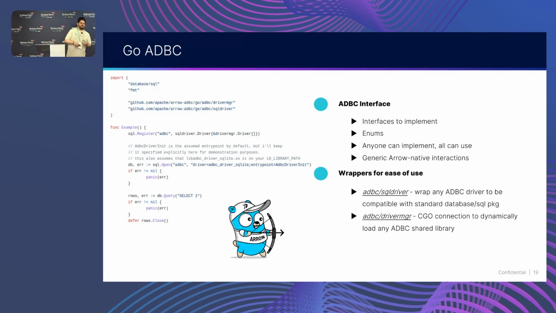It also has, if you're able to use CGO, its own driver manager, which then would let you also use any ADBC driver written in anything that exposes the C interface with Go, as long as it just loads the shared object that implements the interfaces.